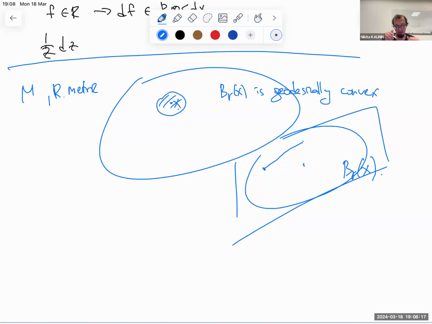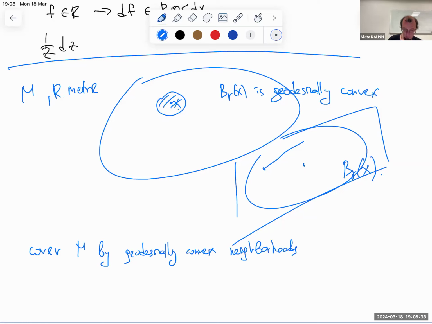And then you just cover your manifold by geodesically convex neighborhoods. Okay, and then it's a good cover, because if you intersect any finite number of geodesically convex domains, then the intersection is also geodesically convex.